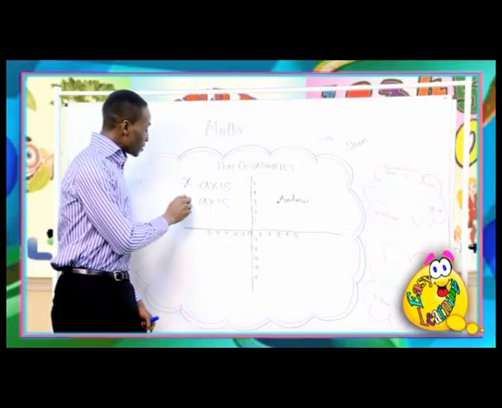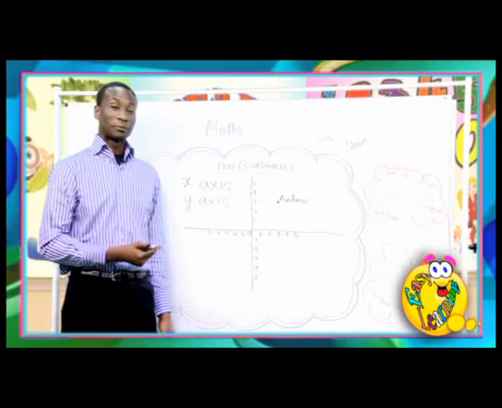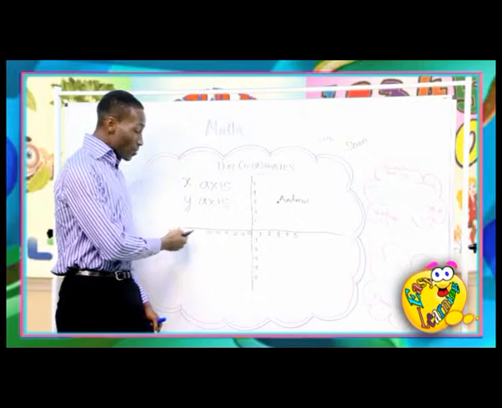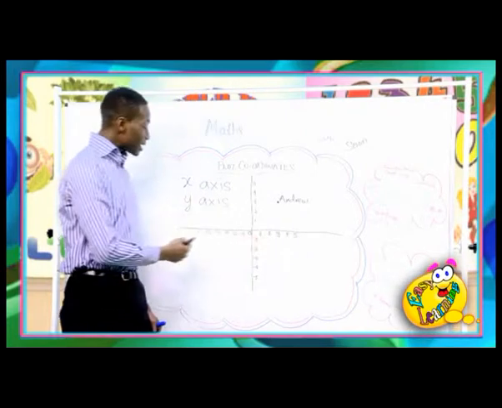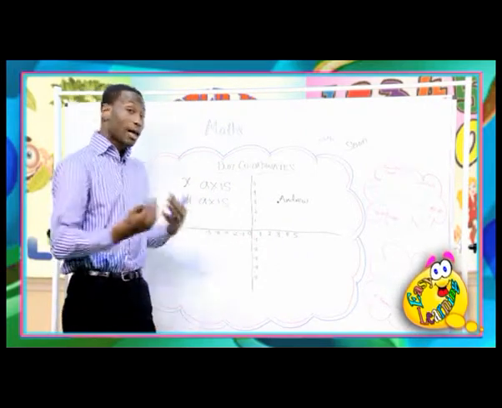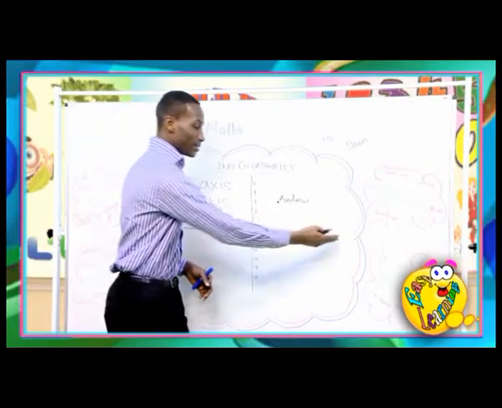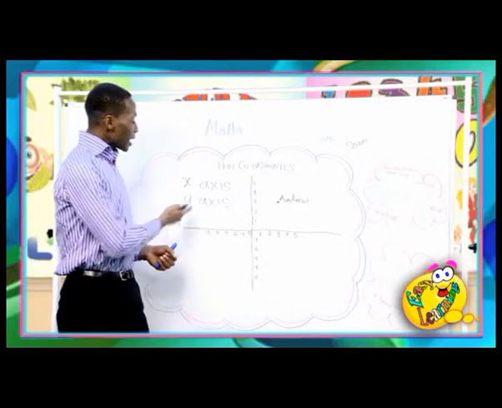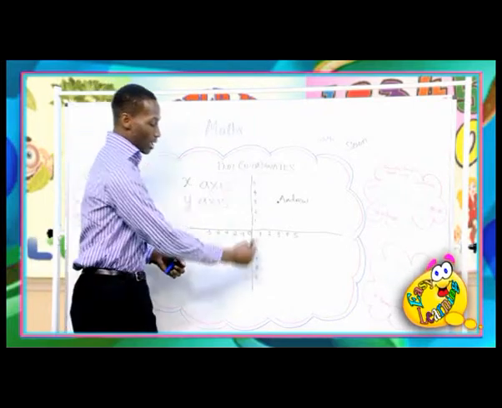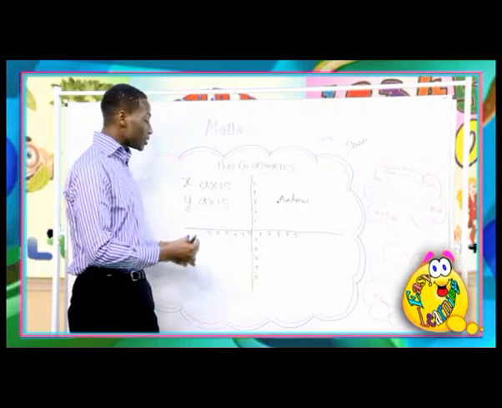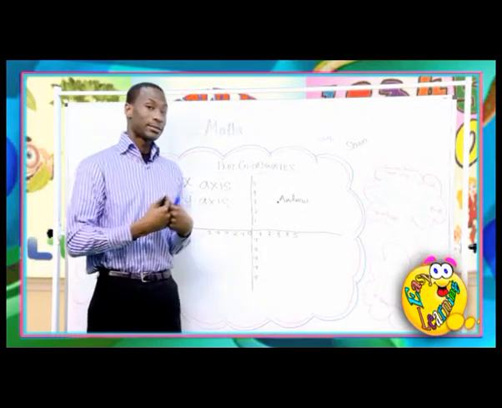And so they chose this to be Y. So the name of this line here is our X-axis in maths. So you need to remember this. This is the X-axis, and this line here, the vertical line, is the Y-axis.